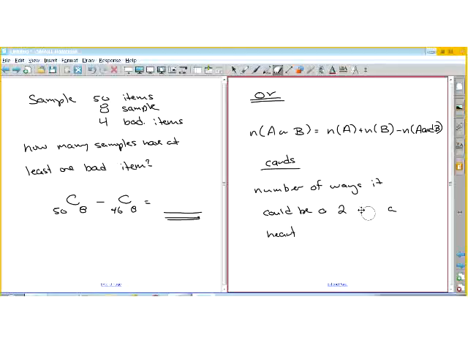It's not and, it's or heart. So I'm going to pick a card, 52 cards. How many different ways out of the 52 can it be a 2 or a heart?